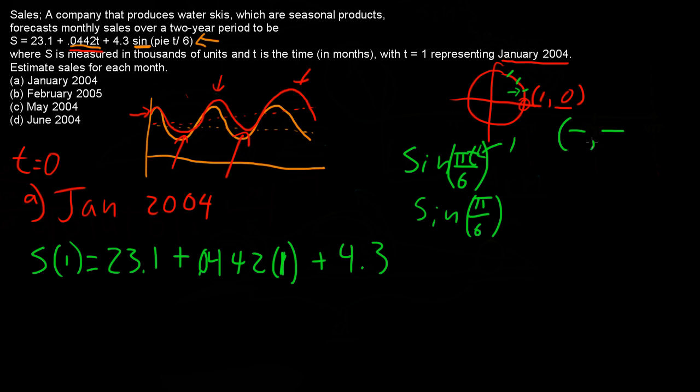Remember, everything has 2 on the bottom, and counting up from the x values we have the square root of 3 over 2, and then 1 over 2. Now we're looking for the sine of pi over 6, and sine correlates to the y value in this coordinate. So that's equal to 1/2, which means we have 4.3 times 1/2.